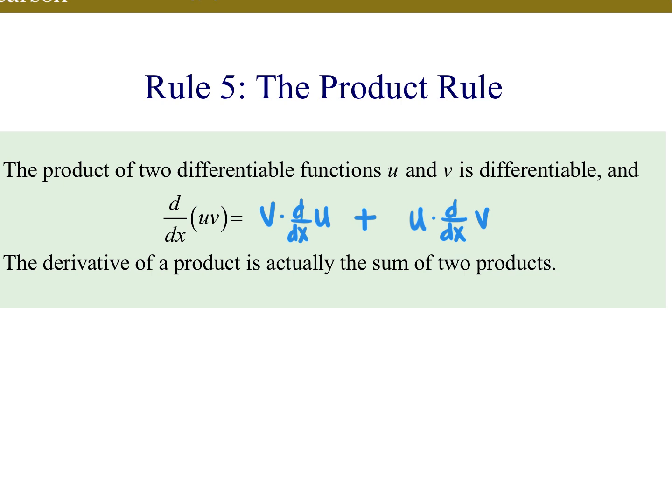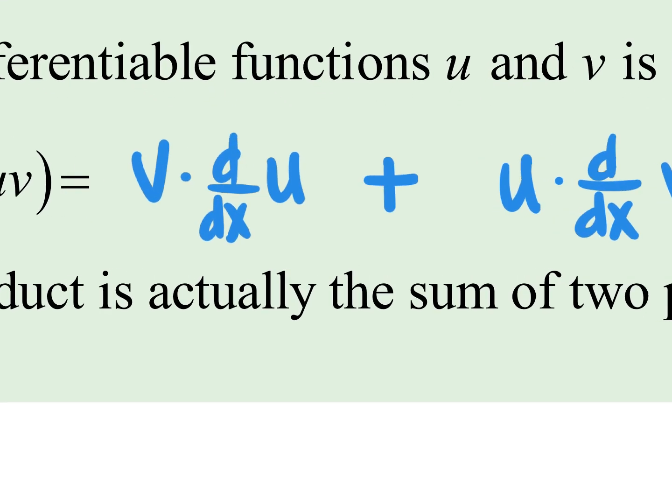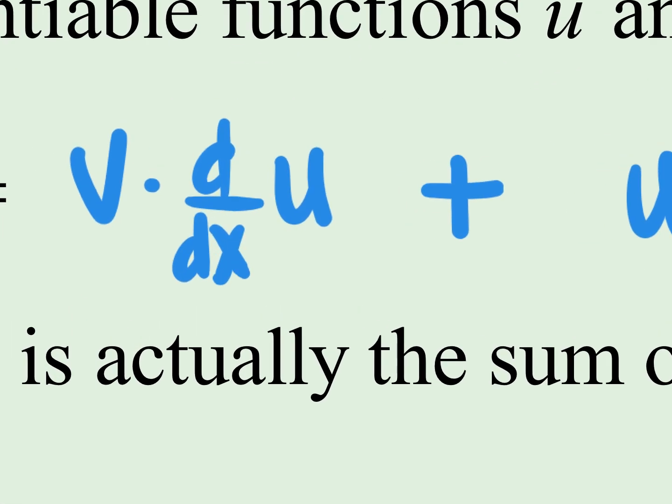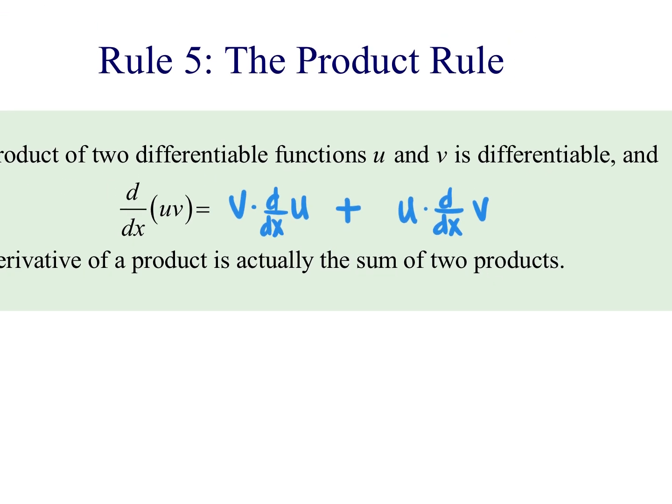Now some people ask, how come the u isn't written inside the fraction? It could be, for sure. Leibniz wrote it both ways. You could write it v times du dx, where the u is up there, and they mean the same thing. They're totally equivalent.